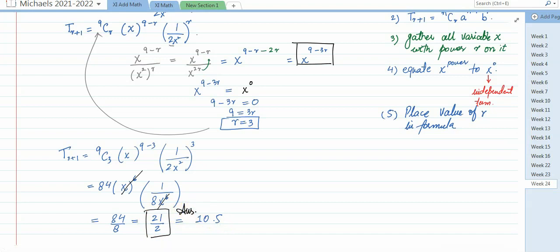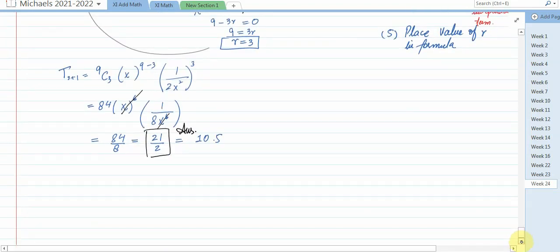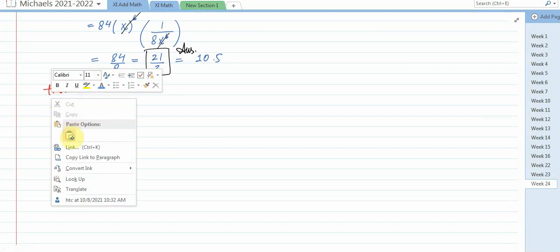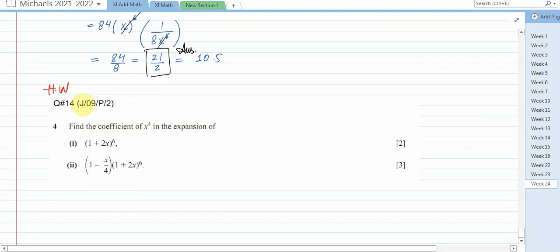Alright, now after this question there is a homework question, and that is from the past paper. I have pasted the picture here, it's basically June 2009, paper 2. Find the coefficient of x4, since the term is indicated x4, right? In the expansion of this, and we have attempted such type of questions in this session.